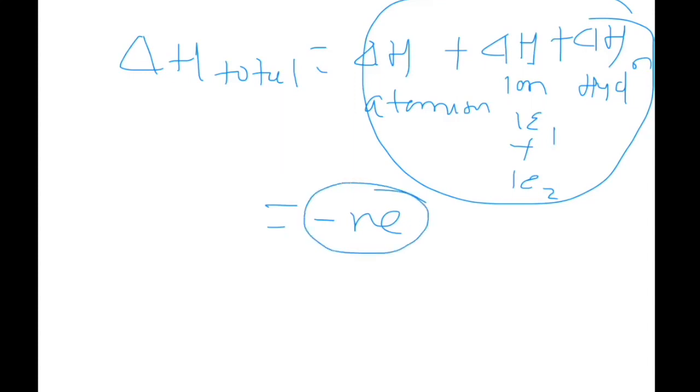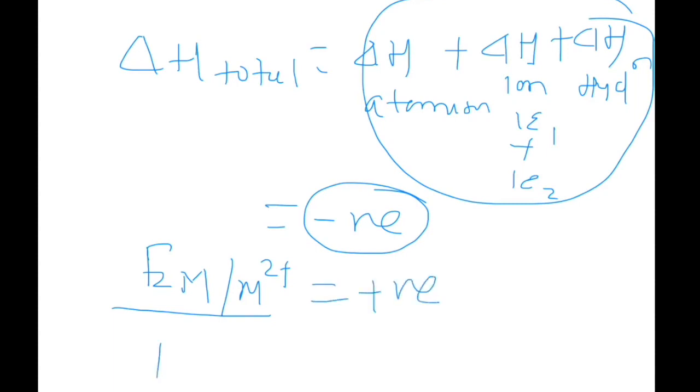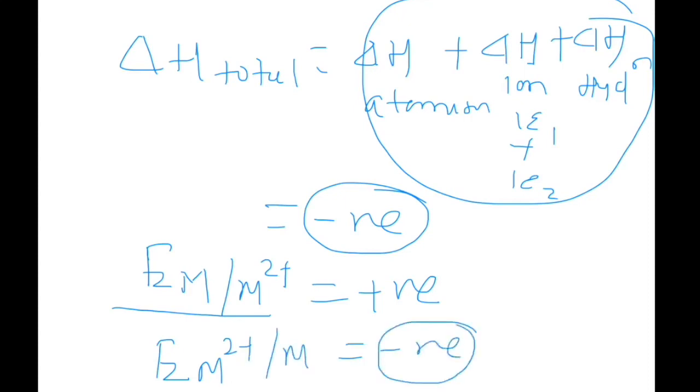If del H total is more negative value, the standard oxidation potential will be positive value, and standard reduction potential value will be negative value. So it is experimental. If the standard reduction potential is more negative value, the standard oxidation potential will be more positive value, and in total the del H will be more negative value.